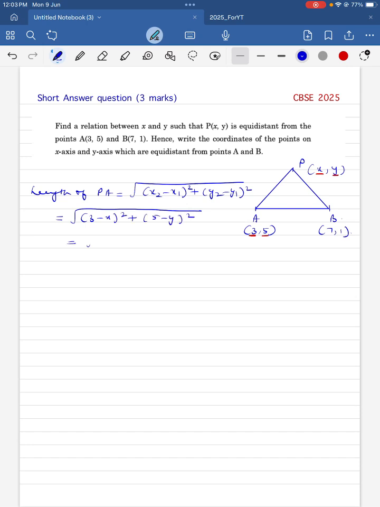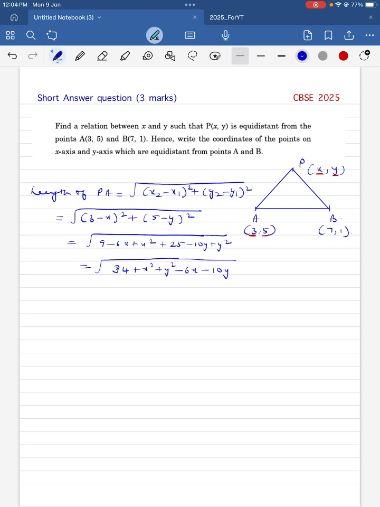That would be equal to 9 minus 6x plus x squared plus 25 minus 10y plus y squared. Let me add up 9 and 25 together and I would get 34 plus x squared plus y squared minus 6x minus 10y.